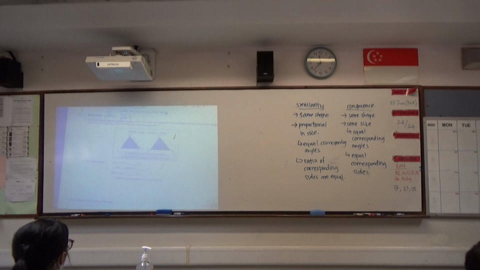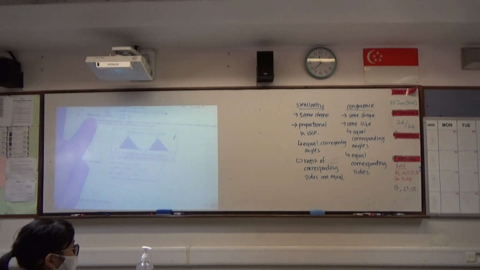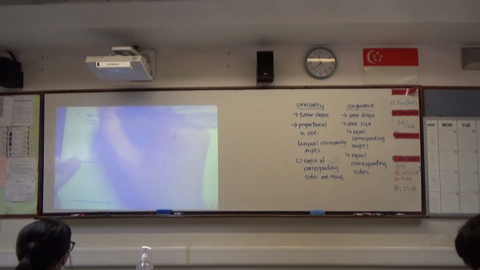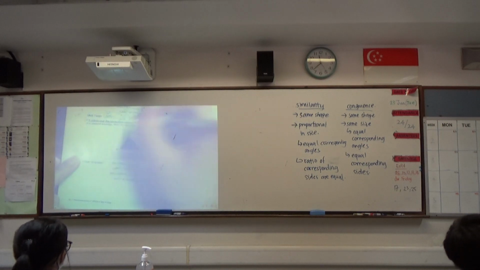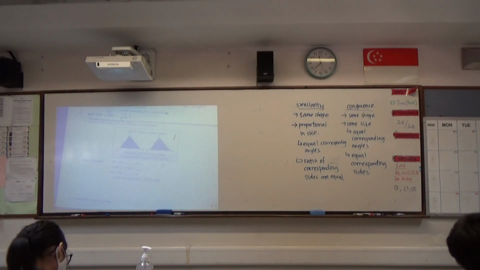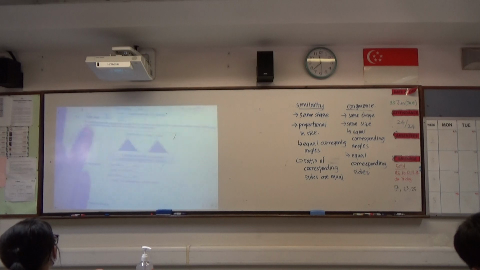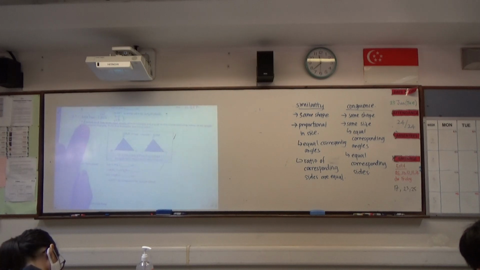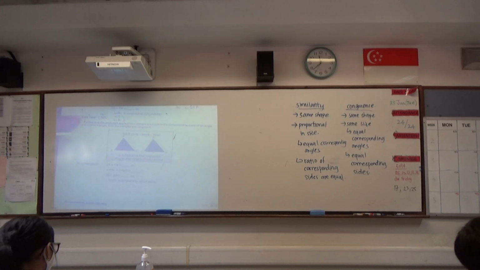The short form needs to only be SAS. The reason is that the angle that we take must be the included angle of the two sides in our group. So that's why it must be the SAS test.